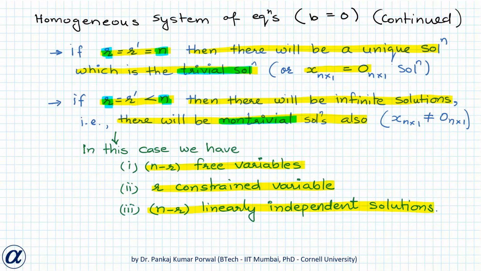By linearly independent solutions we mean that these n minus r solutions cannot be written as a linear combination of each other, and the remaining infinite solutions can be written as linear combinations of these n minus r solutions.